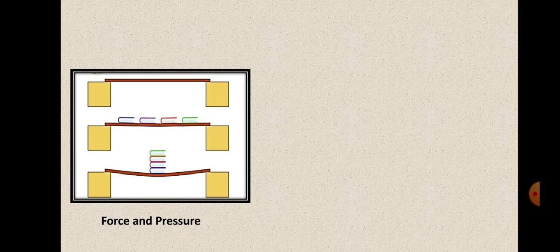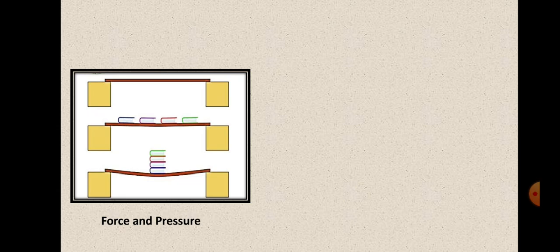See, we had seen just now that pressure depends upon the force and area, right? Now just observe this picture and try to understand what I want to show you. Now what we have done, we had taken a wooden plank and we had placed it on 2 blocks.